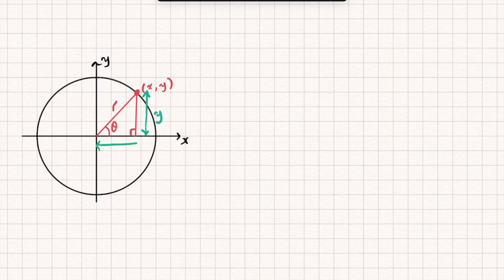Using the same logic, we could say, well, what's the length of the base? Well, that's just how far across the triangle's gone, and this is given by the x coordinate, and so this length here is x. Now if we think about trig, what would sine of the angle be? So what would sine of theta be equal to? Well, that's my opposite side, which we've labelled as y, divided by the hypotenuse, which we've called r, because it's the radius of our right angled triangle.